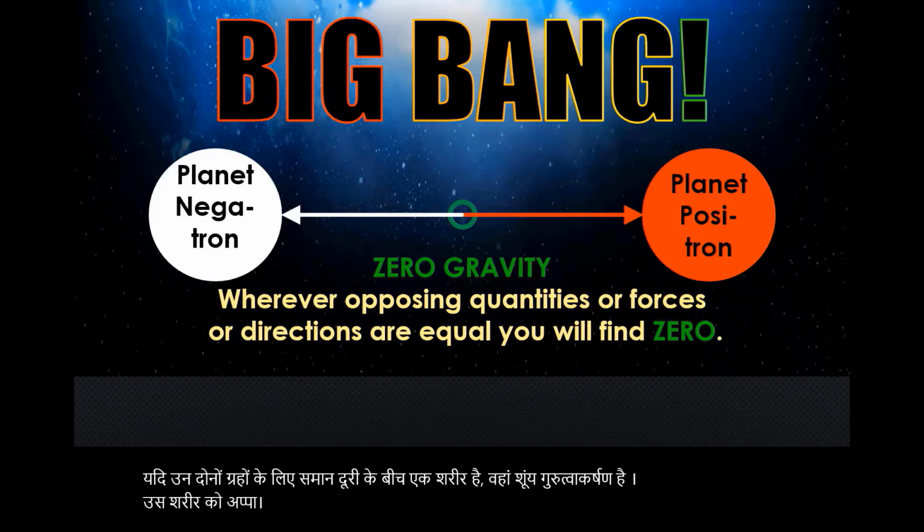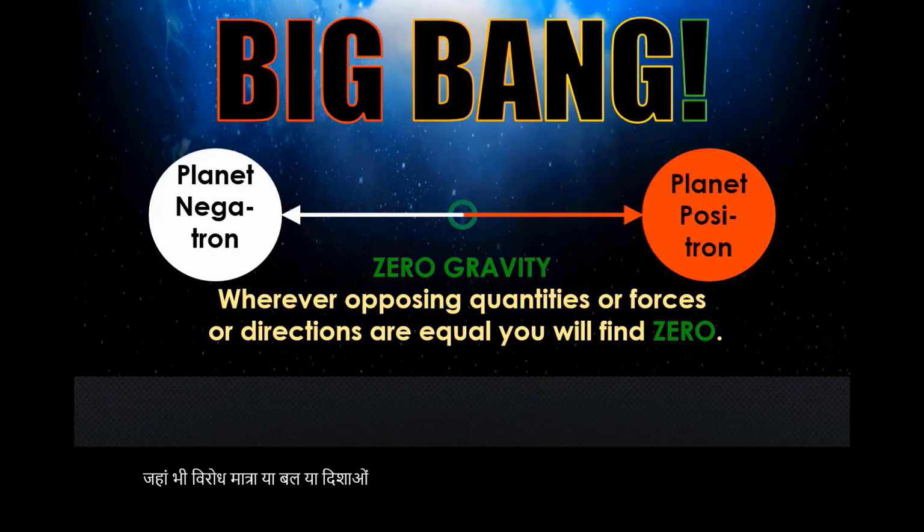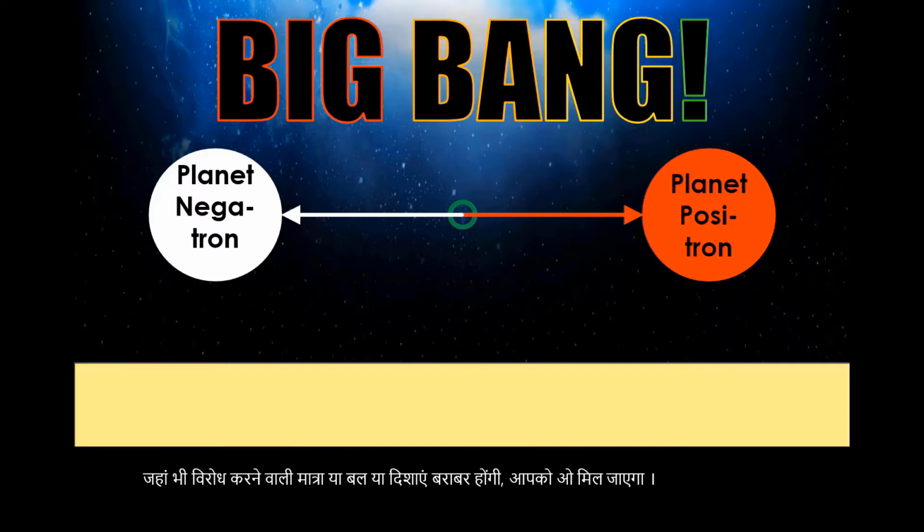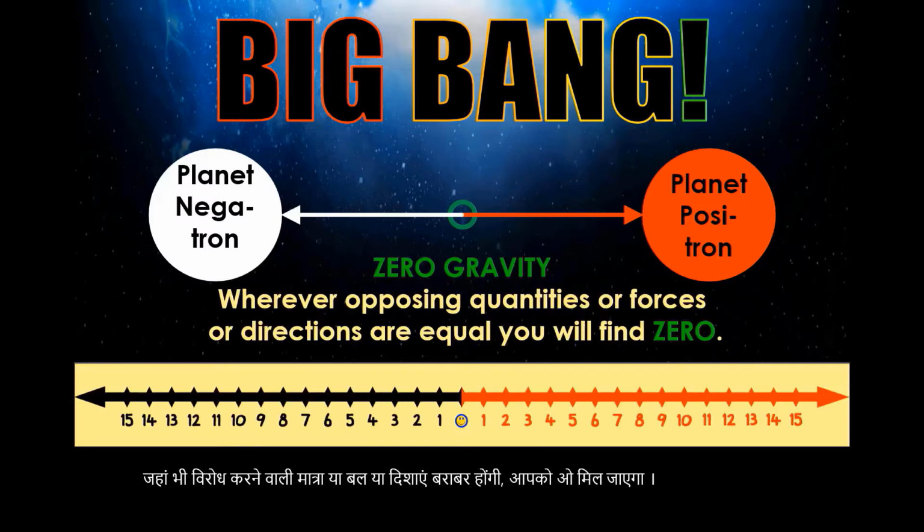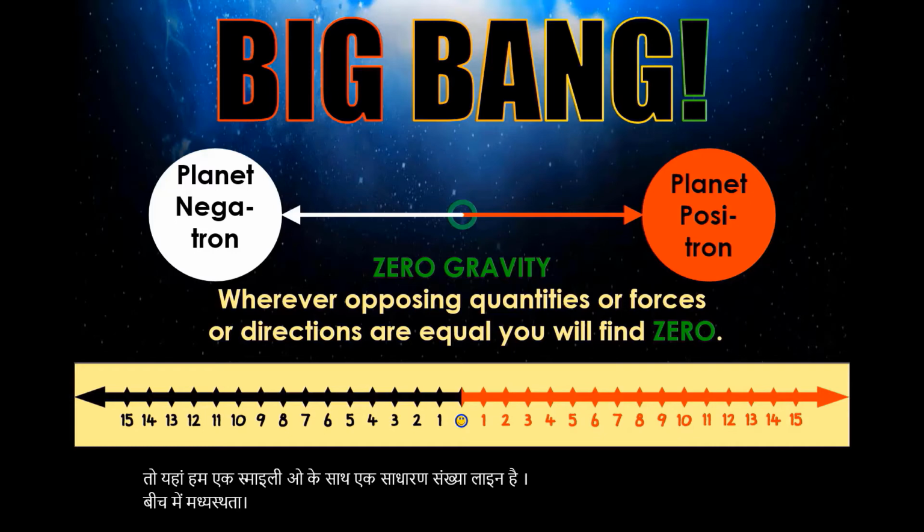So wherever opposing quantities or forces or directions are equal, you will find zero. So here we have a simple number line with a smiley 0 mediating in the middle between two opposing multitudes and magnitudes.